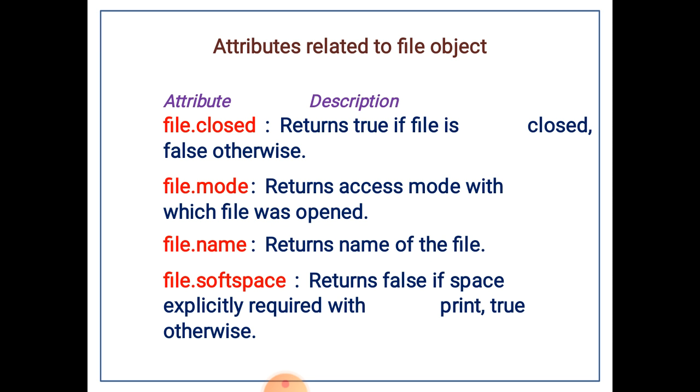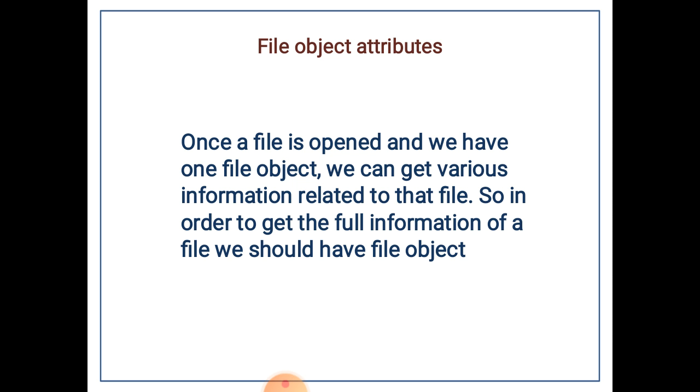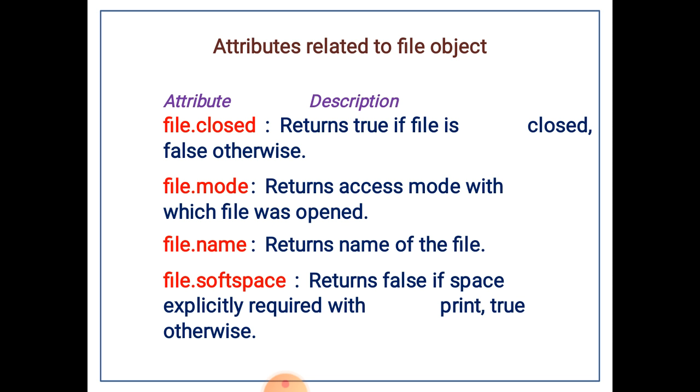Now, what are the attributes that are related to the file object? Remember that a file object contains all the information related to that file. Now, what is the information that the file object contains?